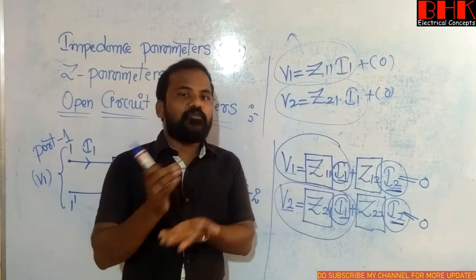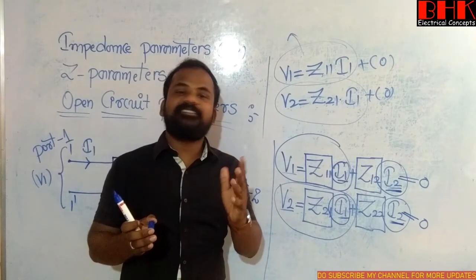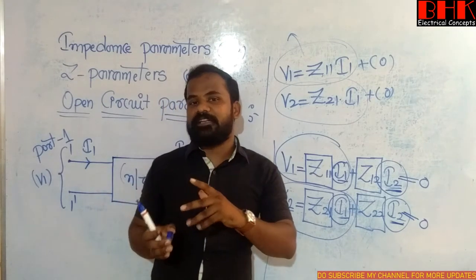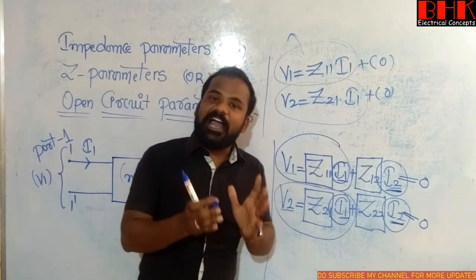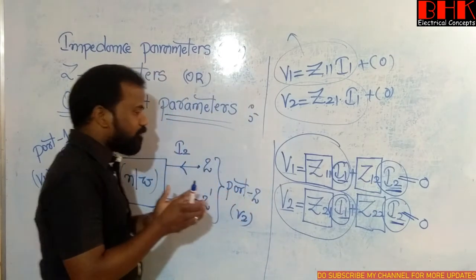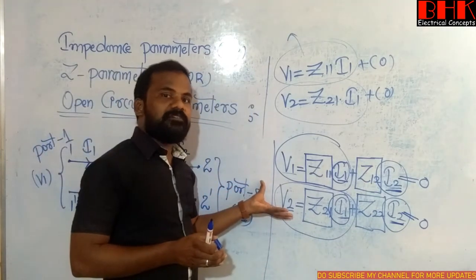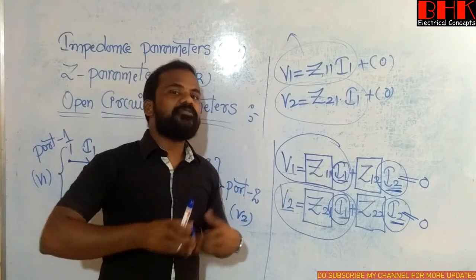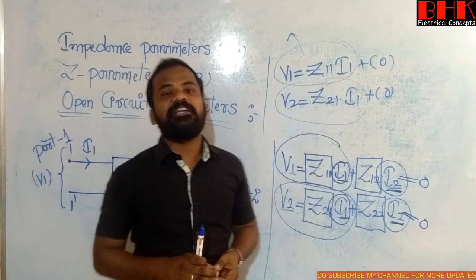In case of open circuit the value of current is 0. So if I1 is equal to 0, substitute it in the equation, then you will get another two parameters. Clear?